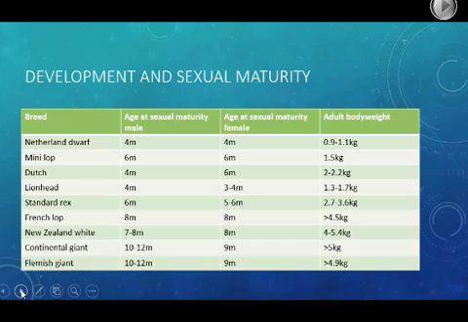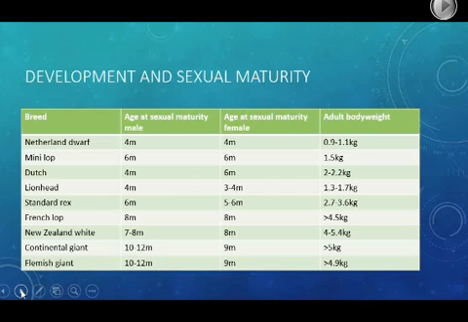And as you can see from this slide, various different breeds will mature at different times. It is almost directly related to eventual body size, so that larger breeds of rabbits will develop more slowly and reach sexual maturity at a later age.